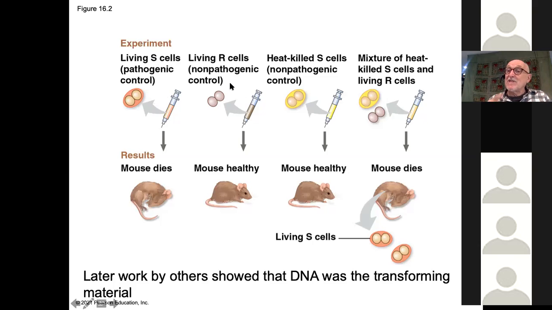That was one of the reasons he was interested in them. He thought he might be able to use these to make a vaccine because they didn't cause illness. But otherwise, they're identical to the smooth. So here's what he does. First of all, he demonstrates that when you inject smooth into a mouse, the mouse dies. When you inject rough into a mouse, the mouse survives. That's just what you expect.